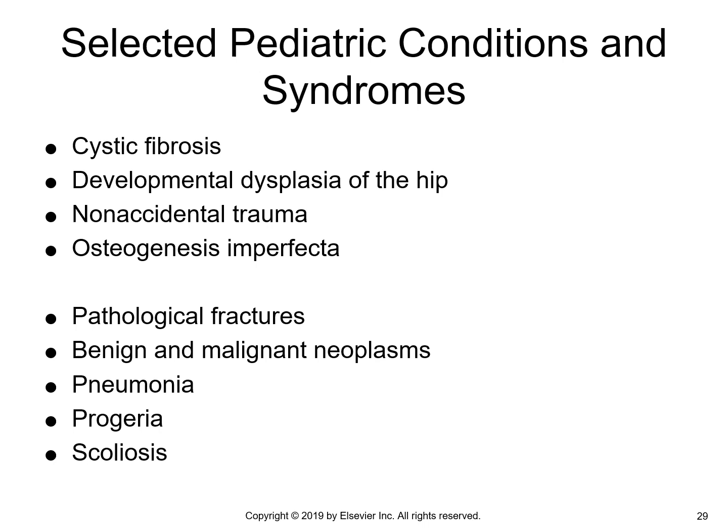Non-accidental trauma, that's child abuse, that's documented with x-ray. Osteogenesis imperfecta, that's brittle bone disease, that's diagnosed with x-ray. Fractures, benign and malignant neoplasms, pneumonia, progeria, and scoliosis, all diagnosed with x-ray. Okay.